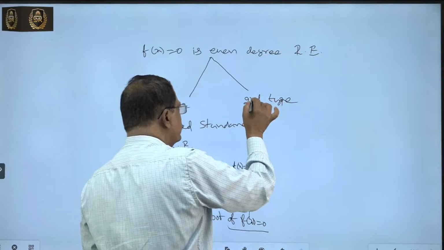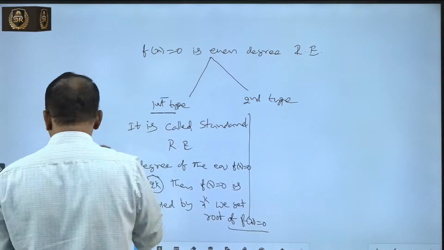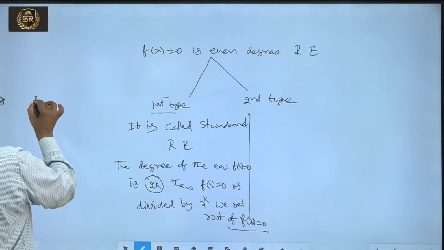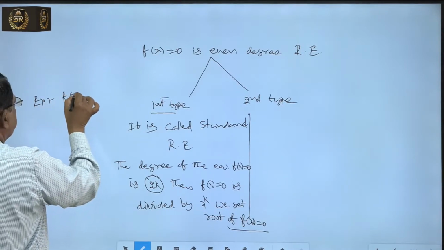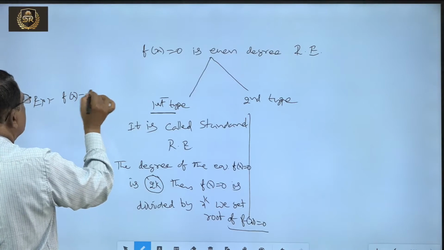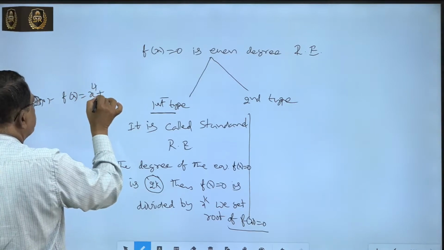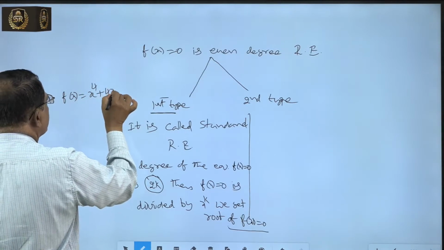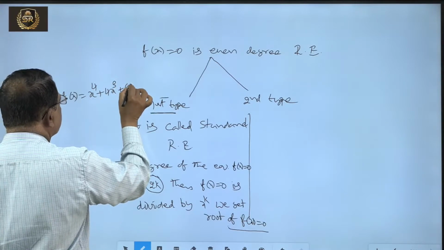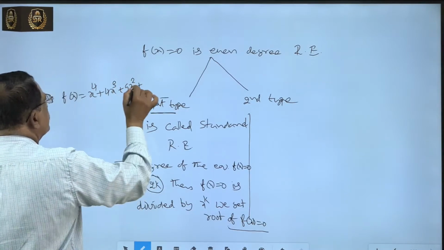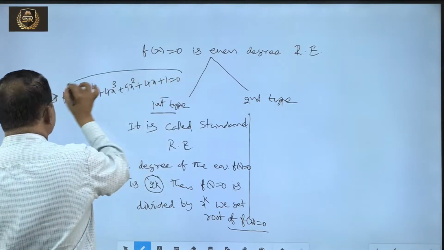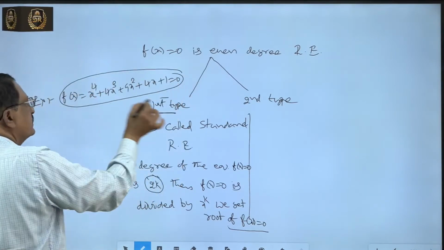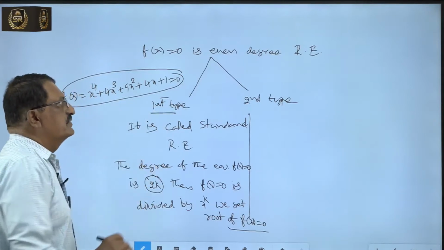Next, for example, f of x equals x to the power of 4 plus 4x cube plus 9x square plus 4x plus 1 equals 0. Now it is a fourth degree first type reciprocal equation.